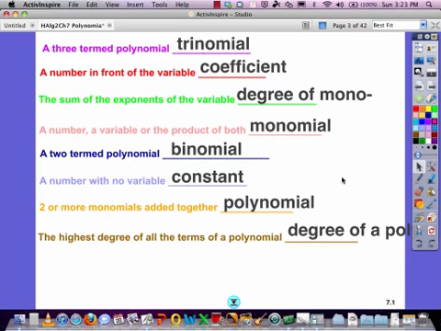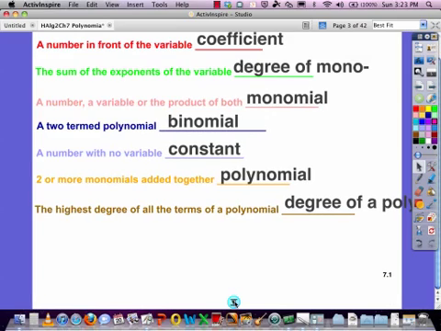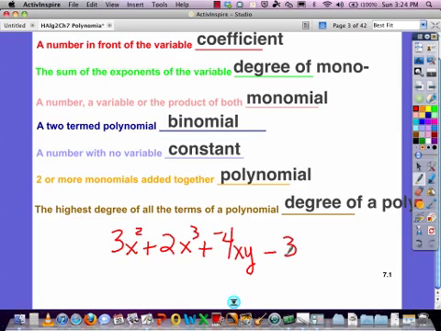Let's raise this up for a minute and go over a couple of these terms. If I were to write the expression 3x squared plus 2x cubed plus a negative 4xy minus 3 plus 2x as my polynomial, then we could call the 3, the 2, the negative 4, and the 2 coefficients.